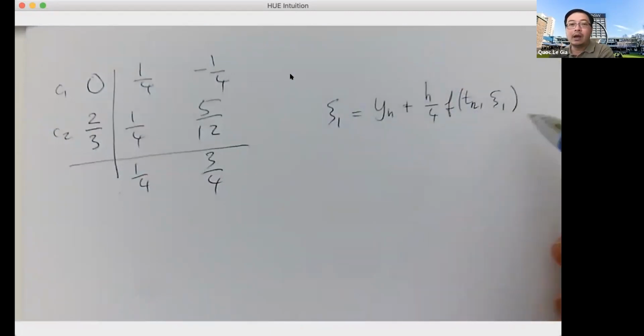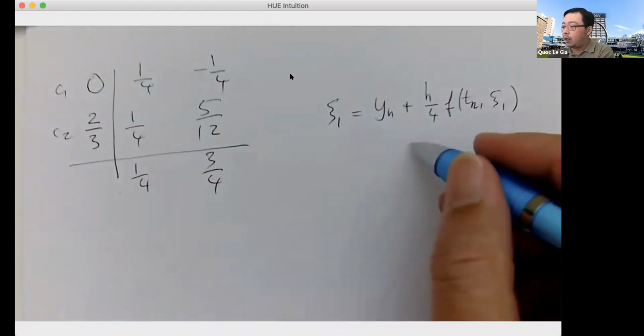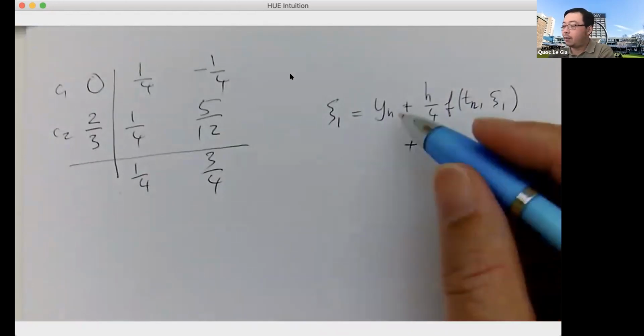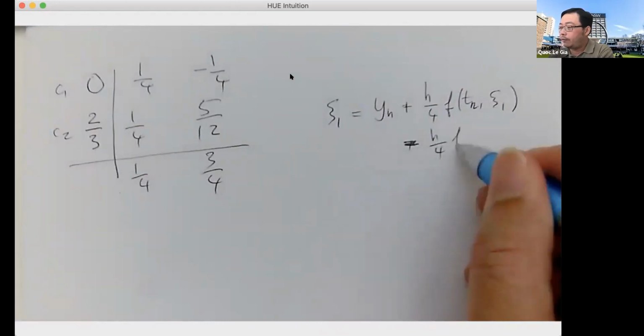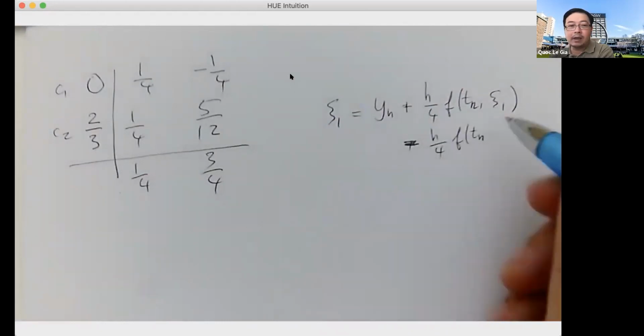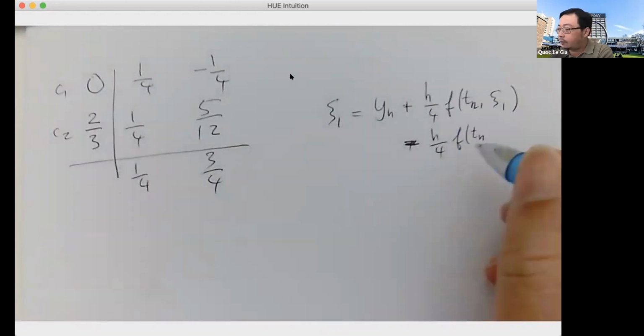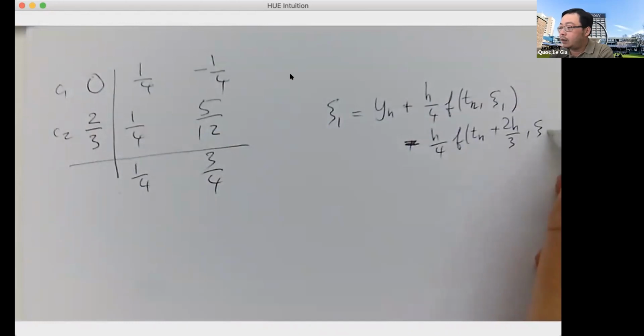Plus, or maybe minus, because there's a minus here, minus h/4 f of tn. Because now you have 2/3, you have to add to h/3 xi2.